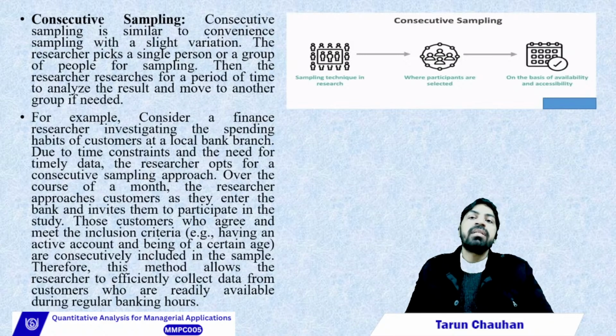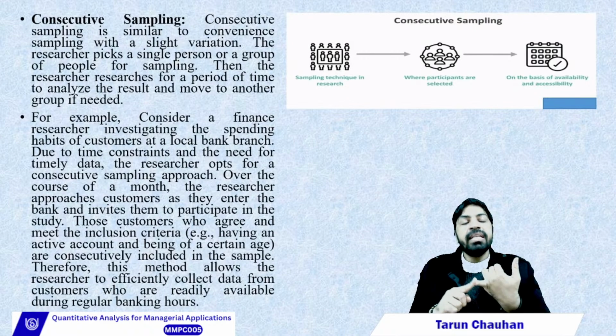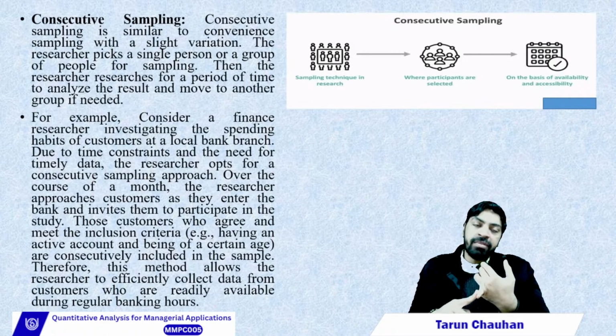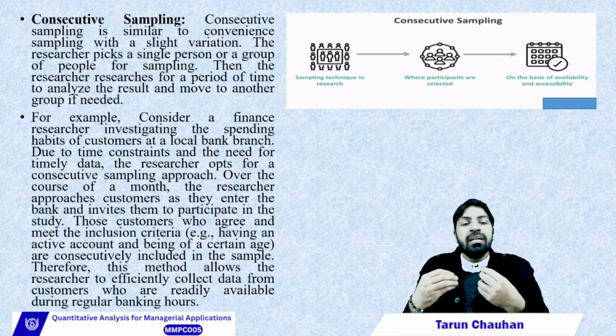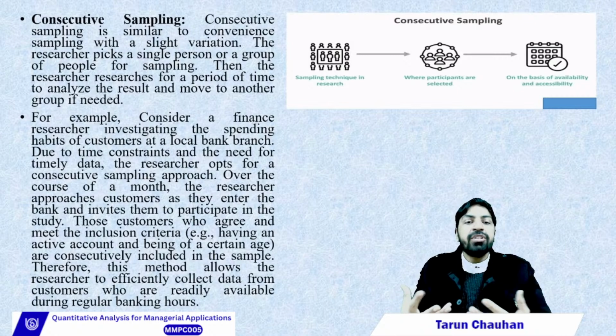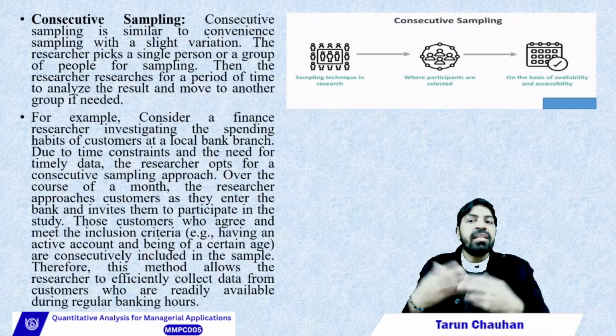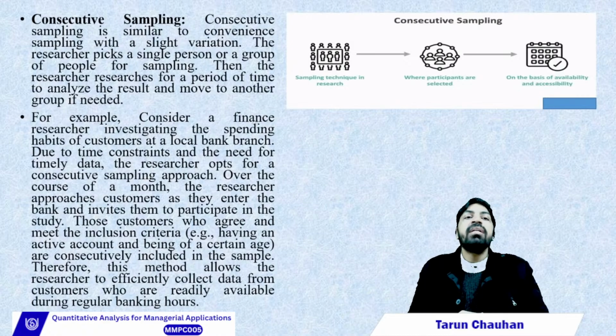That becomes consecutive sampling. So convenience sampling is according to convenience, where the sample is easily collected by the researcher. Consecutive sampling is where availability and accessibility let the researcher easily collect the data at a particular place. That becomes consecutive sampling.